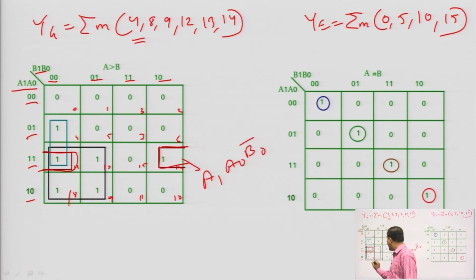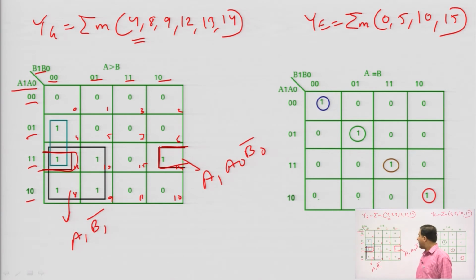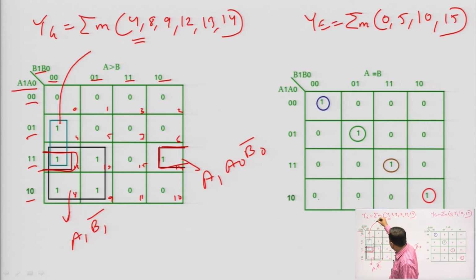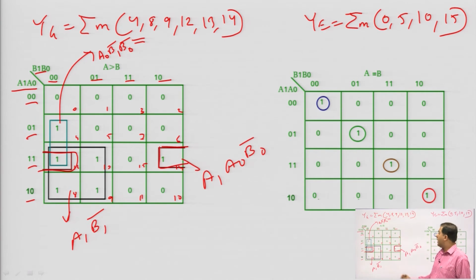So, here one quad is also formed. This quad will have the value A1 B1 bar. And here again these two will be grouped together, so it will have the values A0 B1 bar B0 bar. Take it, how it is coming?